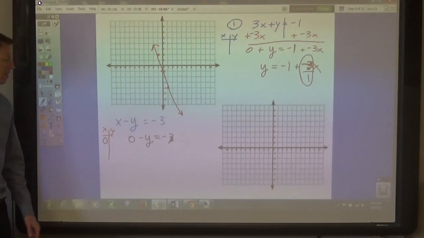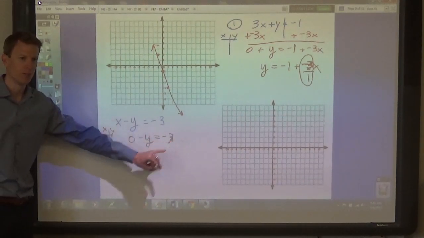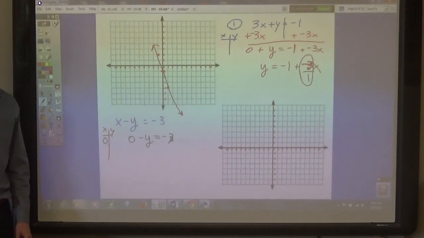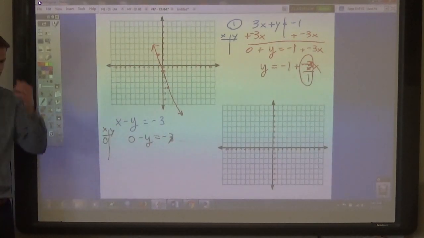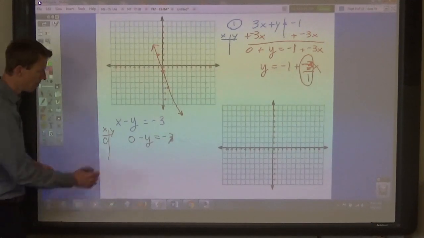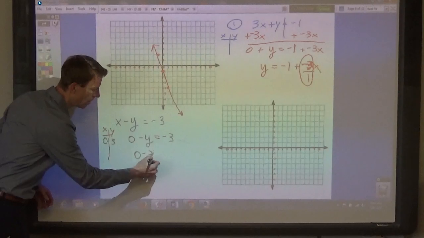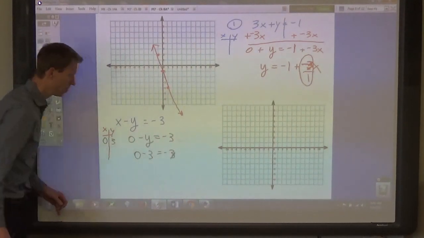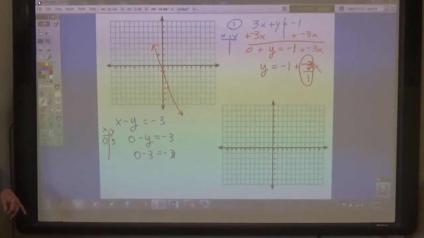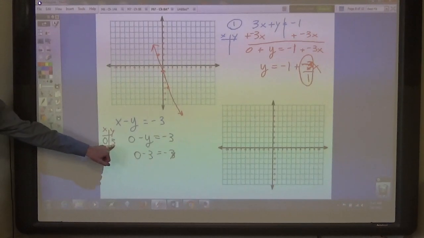What would make this true? Just 3. Would this work? 0 minus 3 equals negative 3? Yeah. So 0, 3 would work.